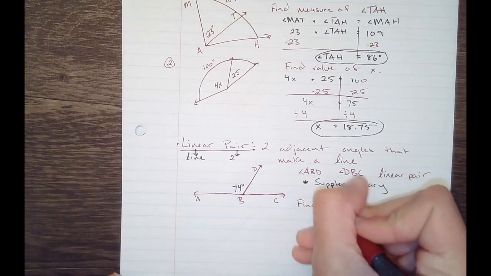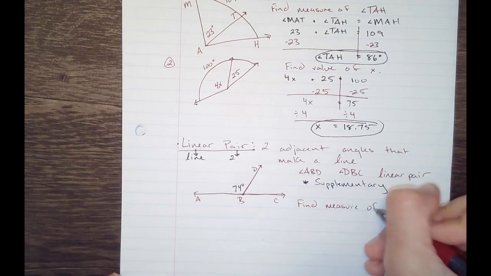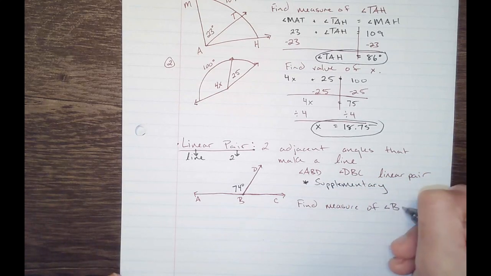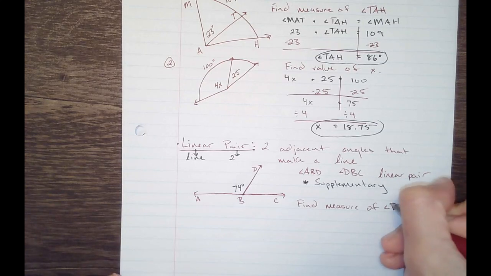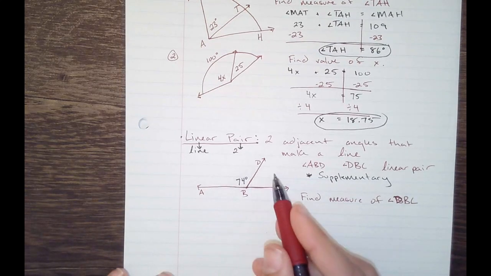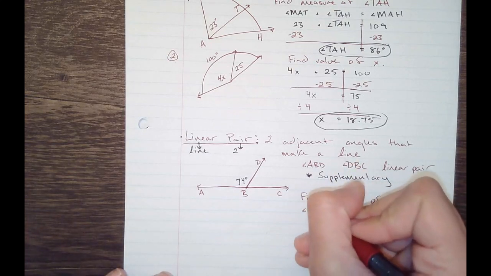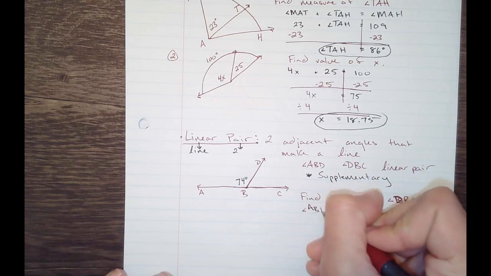Well, if they're a linear pair, that means both of them together add to 180, right? So ABD plus DBC is going to equal 180 degrees because the linear pair is supplementary. So we know they go to 180. Well, ABD is 74.